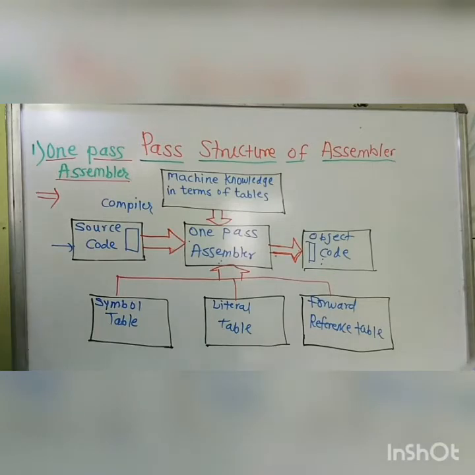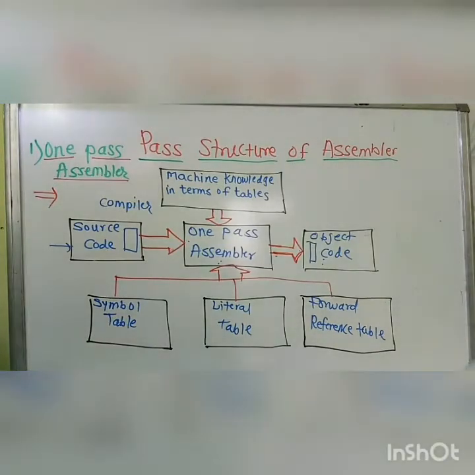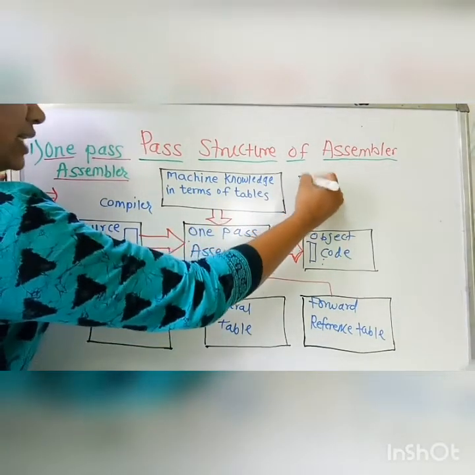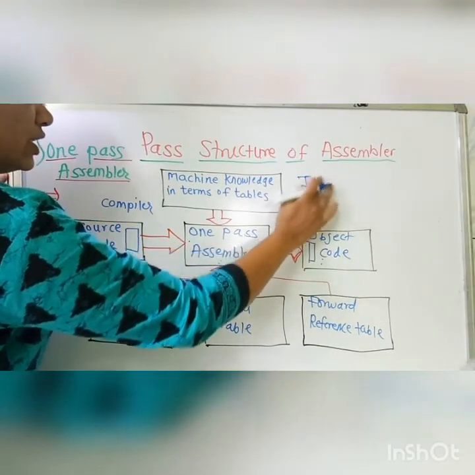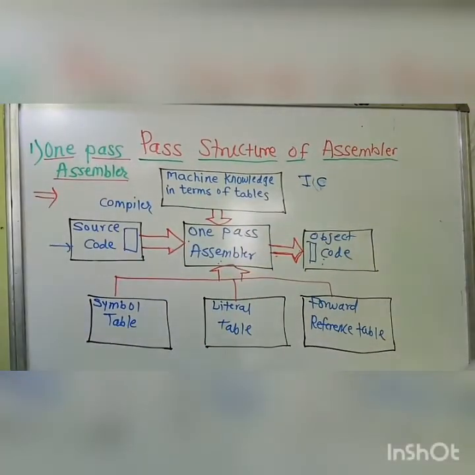But for doing such a conversion, the one pass assembler takes the help of many things. This assembler does not generate the intermediate code. Another important feature to see is the intermediate code. What is the intermediate code?